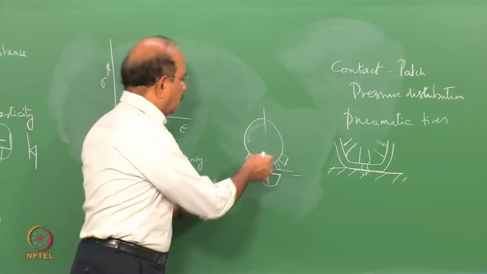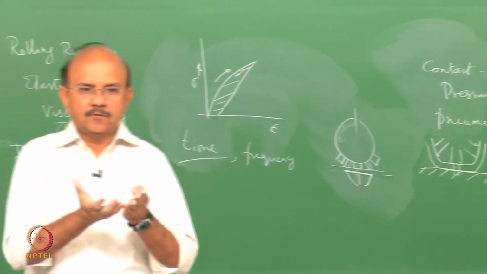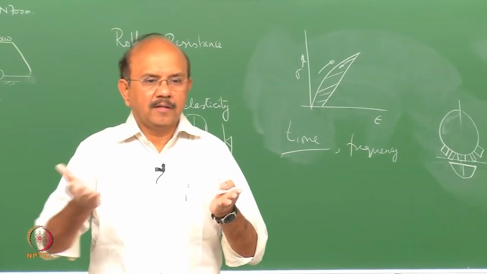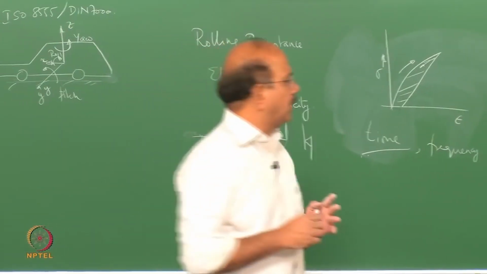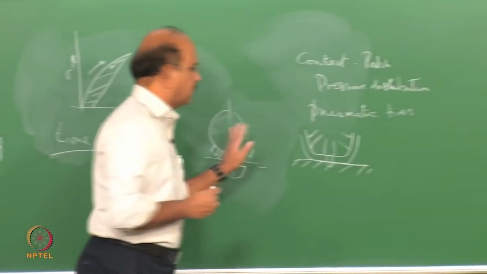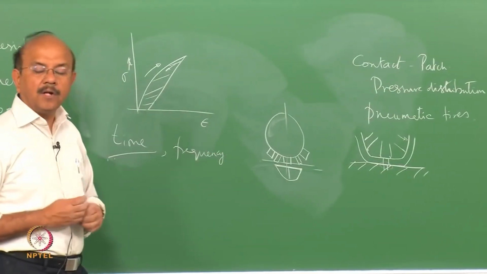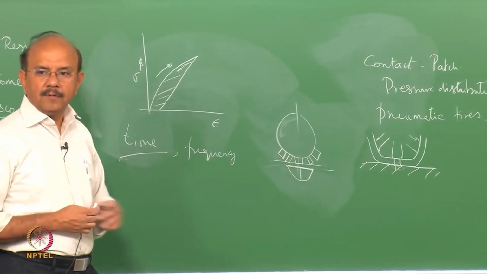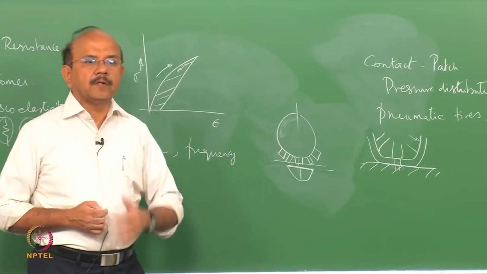The pressure on the tread compresses, goes to a maximum and then gets released. Let us not right now confuse between this and this, we will come to that later. So the contact pressure we are talking about is because of the tread getting compressed.